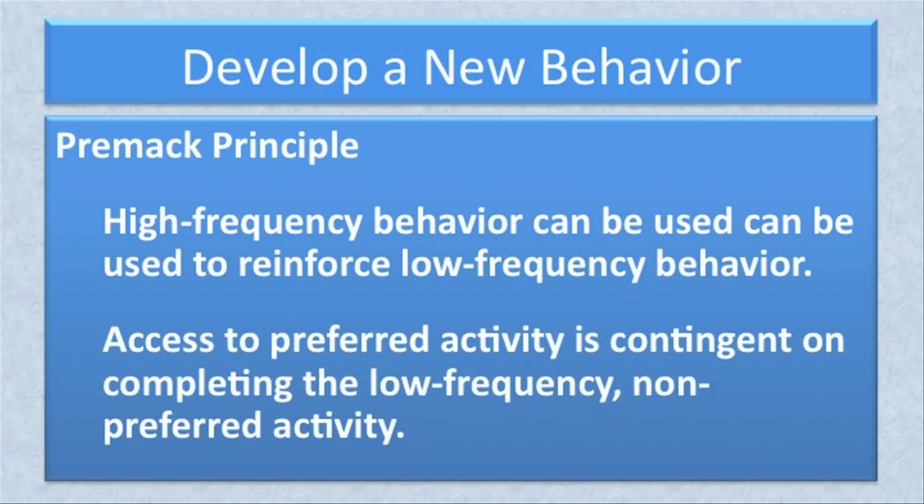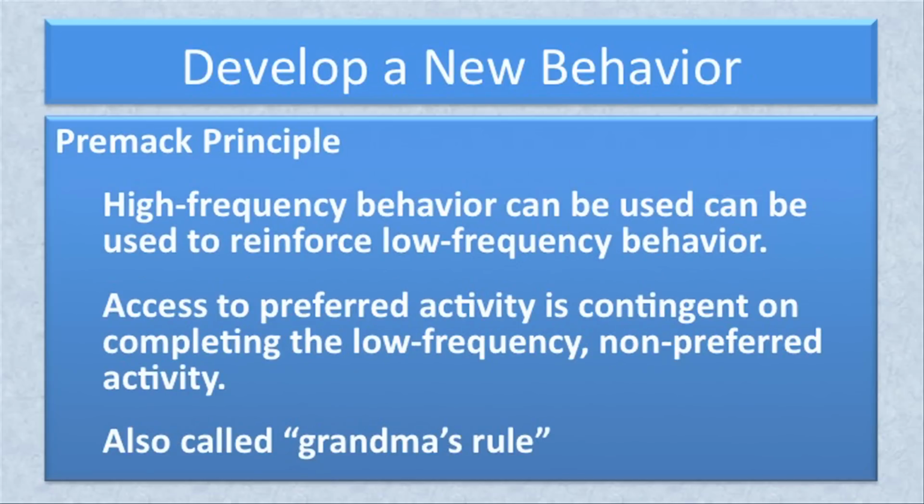The key to this method is to make access to the preferred activity contingent on completing the low-frequency, non-preferred activity. Your parents probably use this often: eat your peas and then you can go play. For this reason, it's often called the grandma's rule.